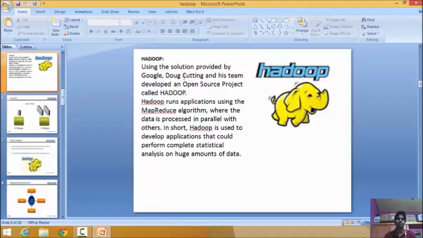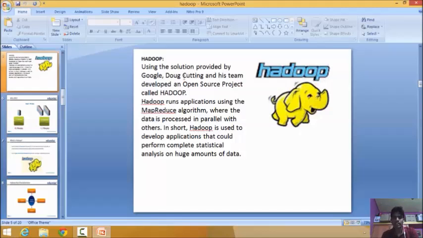Let's come to Hadoop. We have discussed the file system, the distributed file system, and the solutions to solve big data problems. Now let us discuss Hadoop. Listen carefully. Please pay concentration here so that you understand it perfectly. Let us go.